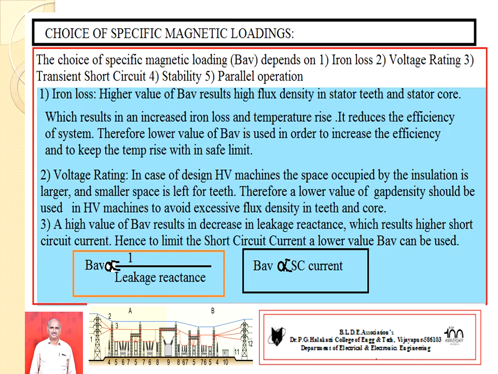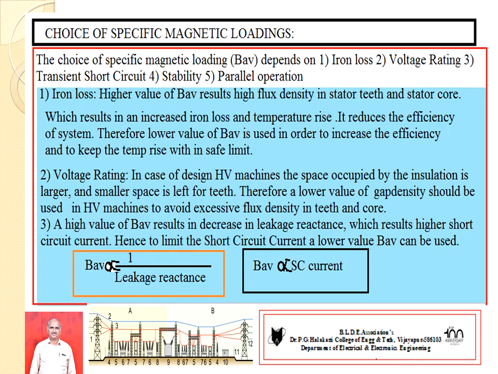Number 3, a high value of flux density also results in a decrease in leakage reactance. B average is inversely proportional to leakage reactance. If we select a higher value of B average, it results in a lower value of leakage reactance. A higher value of B average is directly proportional to short circuit current.